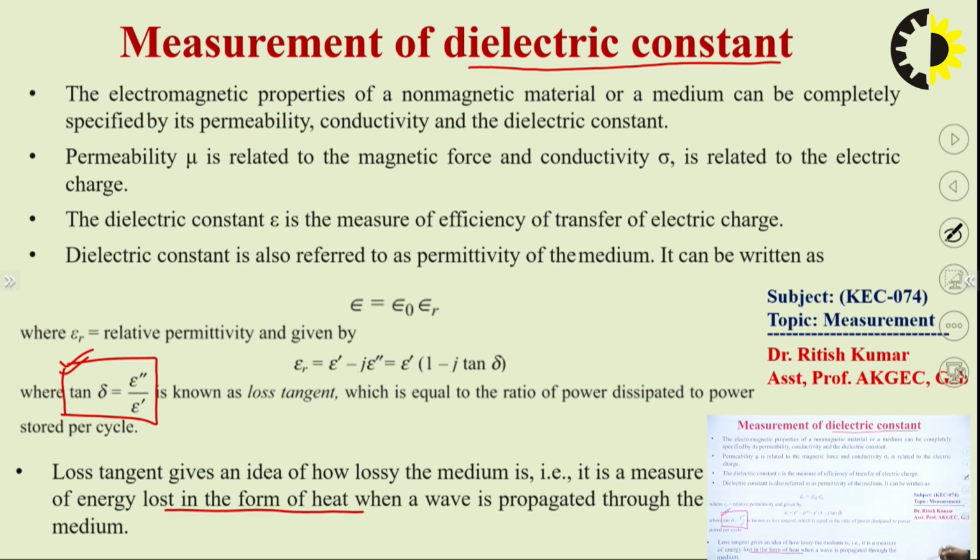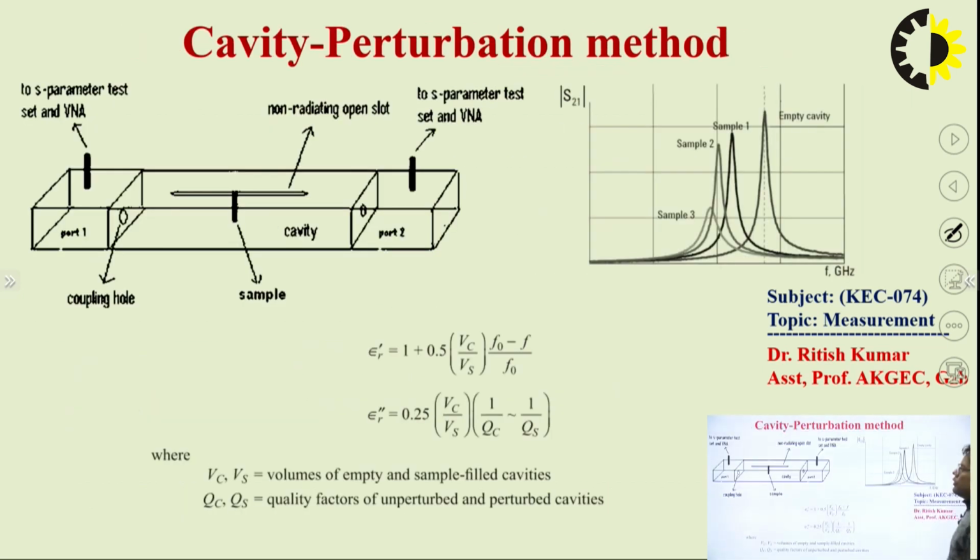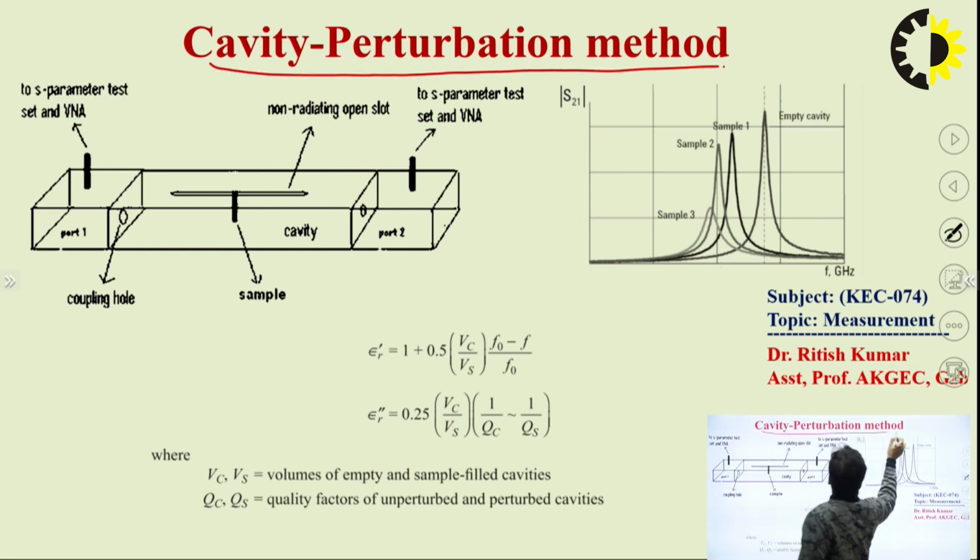If we know one parameter, we can find the other parameter as well. In the next slide I will discuss one well known method to measure the dielectric constant, that is the cavity perturbation method. This is a very important method.